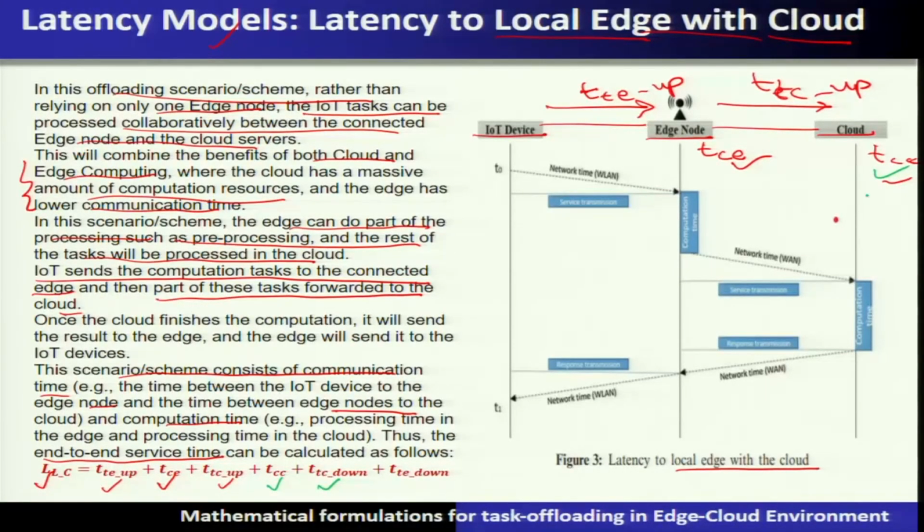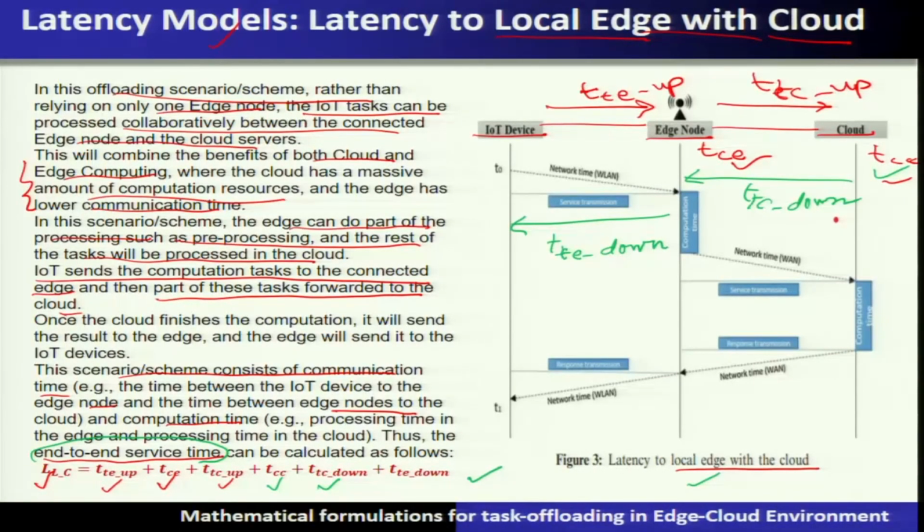So the results of computation from the cloud to the edge node, that is TC downloading. And finally, the results of the computation at the edge node also have to be downloaded to the IoT devices. If you sum them, it gives the end to end service time latency, and this formula explains all those details.